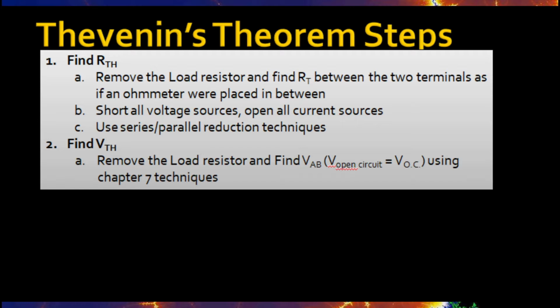So remove the load resistor, and now we're going to find the open circuit voltage, or the voltage of A sub B. While that circuit is running, if we were to put a voltmeter across A and B, that would give us the open circuit voltage at that point where the load resistor is going to be located.